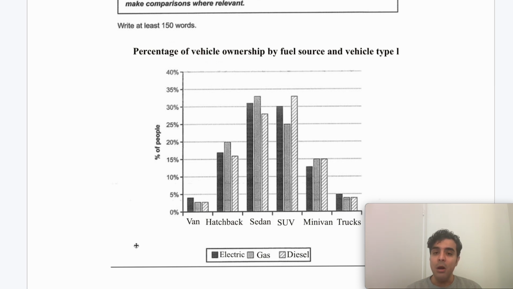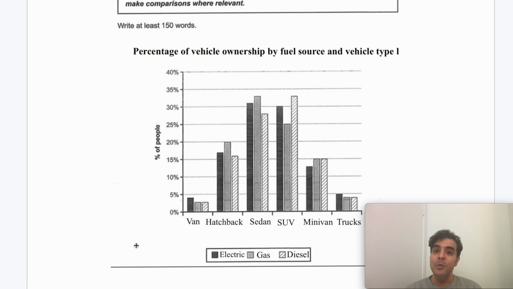Rather, here, we're more interested in comparisons. So we can look at the chart and we can say that, for example, the category of cars which most people owned were sedans and SUVs. There were more people who owned sedans and SUVs than those who owned vans, trucks, minivans, or hatchbacks.